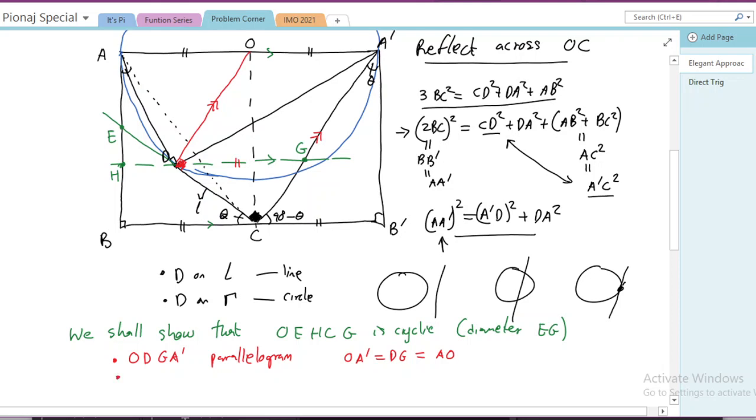So we have OADG is also a parallelogram. So the bottom line is this is parallel with this.